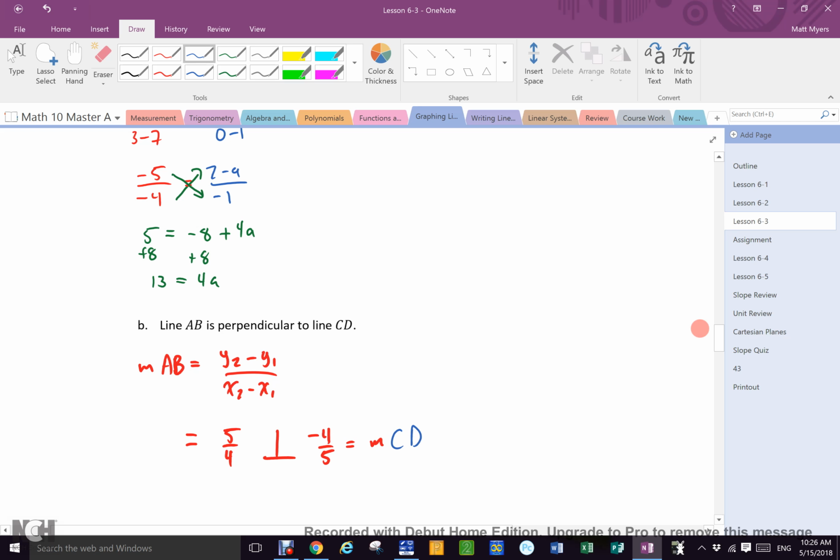Well, do we already know how to do that? We know the slope of CD is 2 minus a over negative 1, right? We've already got it. It's right there. But it can't equal 5/4 anymore. What does it have to equal now? Negative 4 over 5. Does this look the exact same? So do I solve it the same way? I cross them. What's negative 1 times negative 4? What's 5 times 2? 10 minus what's 5 times a?